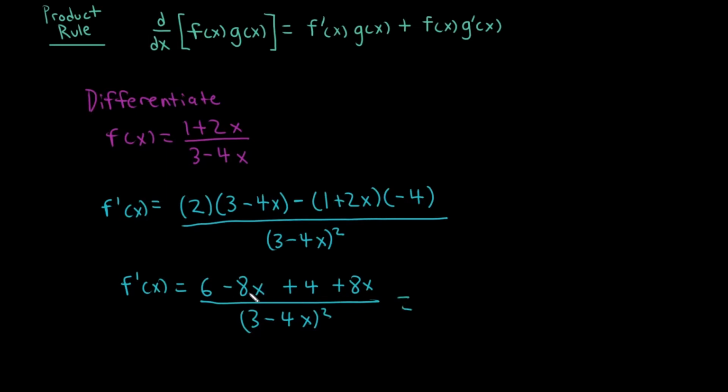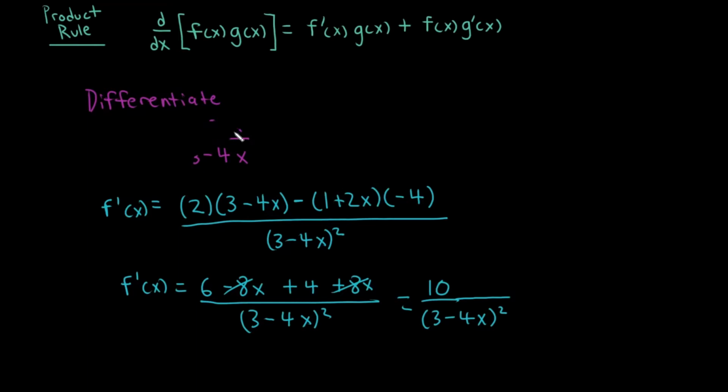So if we simplify this, we can cancel the 8x's, and we can add 6 to 4, and this will give 10 over 3 minus 4x squared. So that's the derivative for this function.